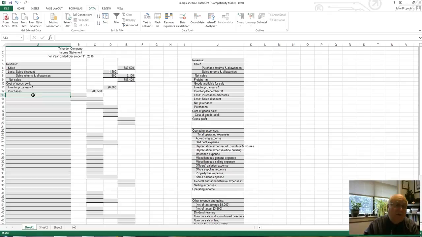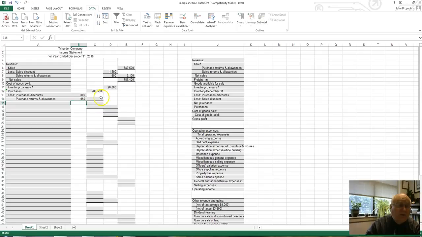And then from purchases, just like sales, we can take off purchase returns and purchase discounts. So we subtract off purchase discounts, which will go in the first column, of $800. And then we also subtract off purchase returns and allowances, which is $950 in this case.